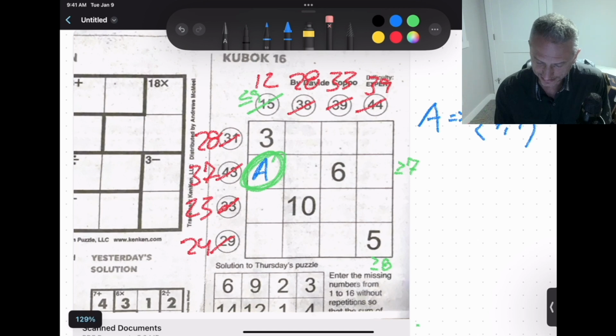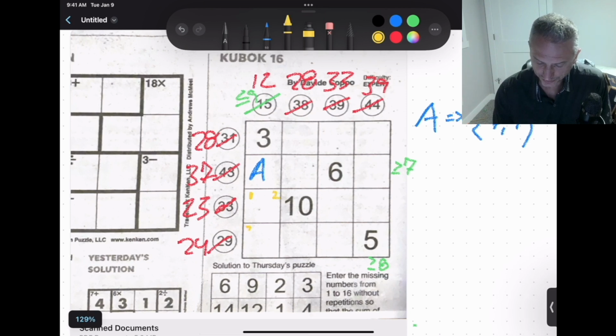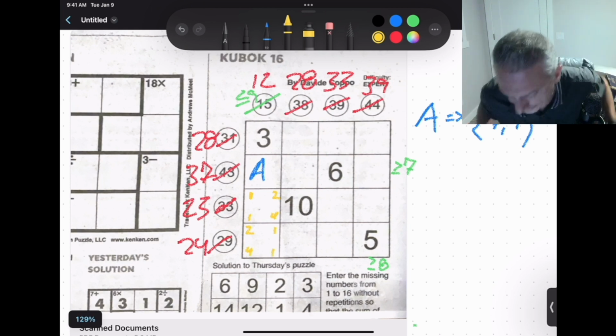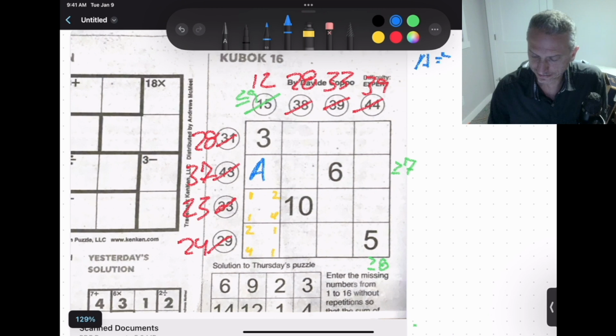And because of that, I know that this down here is either 1, 2, 2, 1, or it's 1, 4, 4, 1. Okay, so that's interesting. I'm going to erase the 7, 9 and move it up because I need space to do all my math. A belongs to 7 and 9.